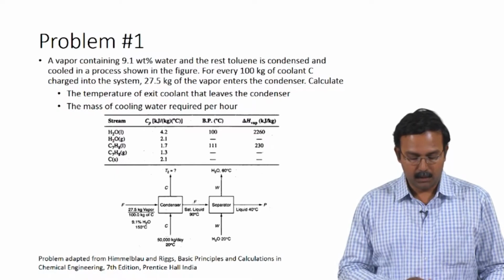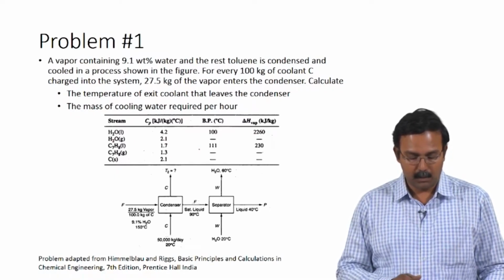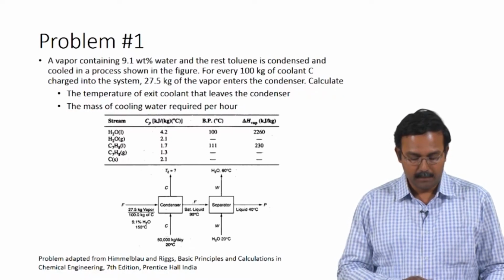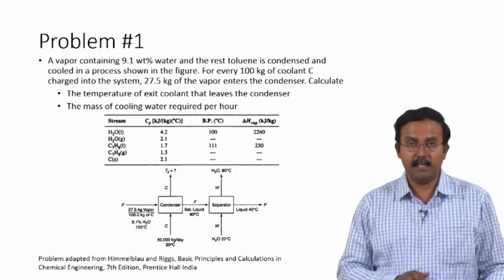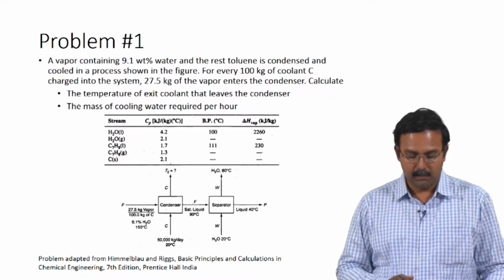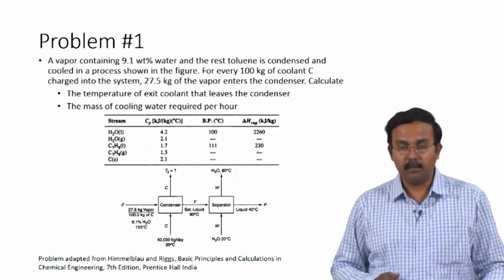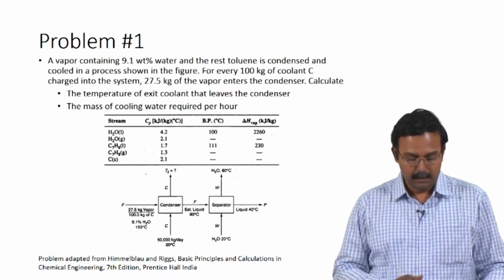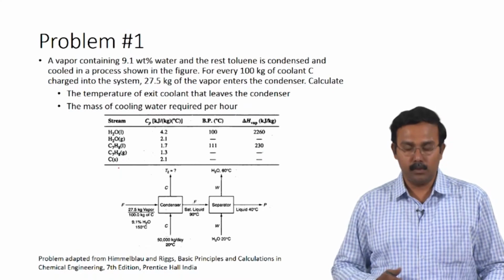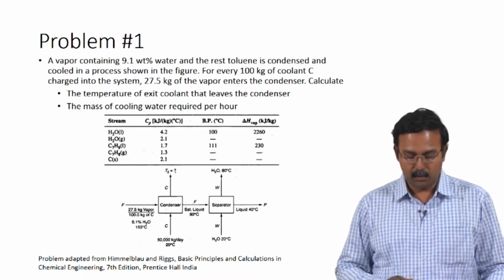So, you have water vapor where the Cp is given as 2.1 kilojoules per kilogram degree Celsius, and C7H8 is toluene. For toluene liquid and gas you have the Cp values given, and for the toluene liquid you also have the boiling point and the heat of vaporization which has been given. So, C is the coolant which is being used in the first unit, which is the condenser. So, the Cp for that is also given.